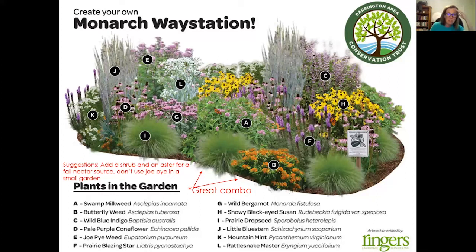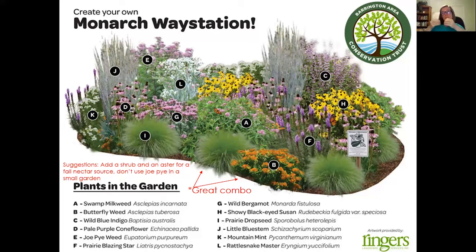Okay. So there's a lot of great stuff in here too. There's 2 different kinds of milkweeds, which are both well-behaved milkweeds, the swamp milkweed, the incarnata, and the butterfly weed. Notice that it does not include common milkweed, which is Asclepias syriaca. That's a good thing. That is way too aggressive for a small garden.